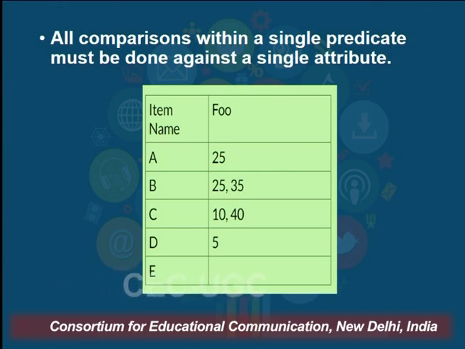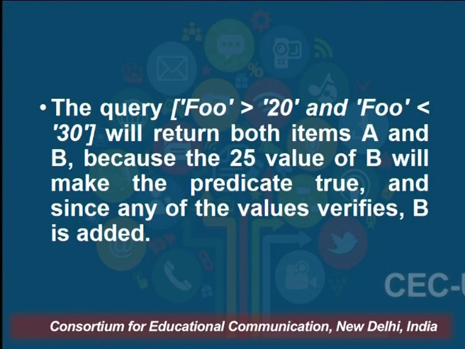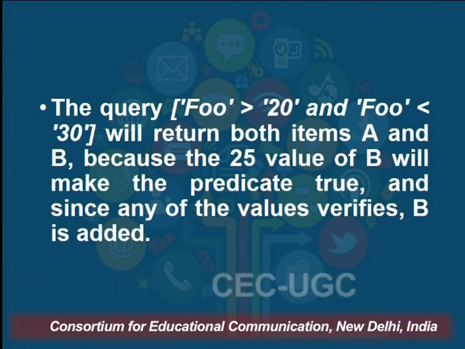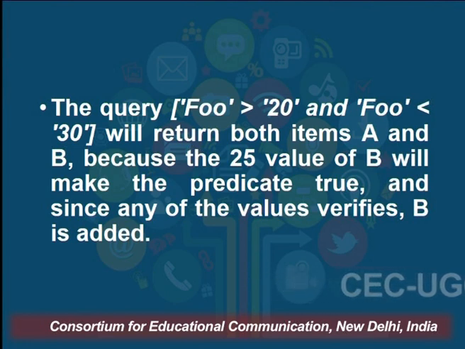As I was trying to say, all comparisons within a single predicate must be done against a single attribute. So, foo greater than 20 and foo less than 30 will return both items A and B because of the presence of value 25 in A as well as in B.